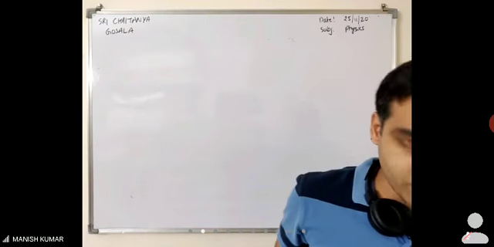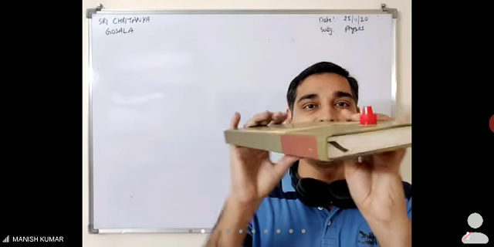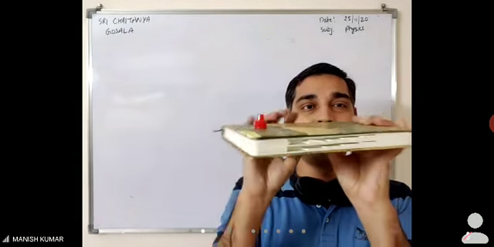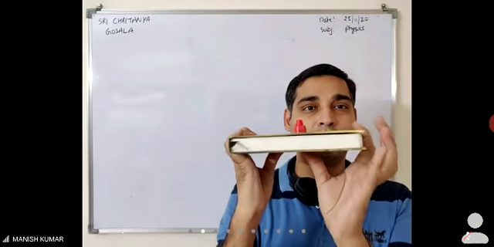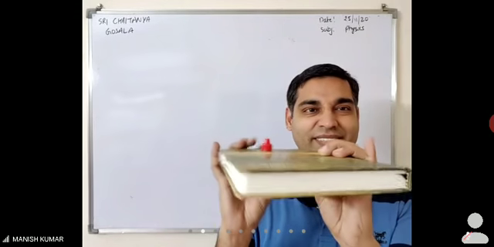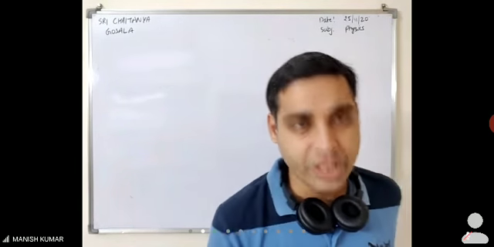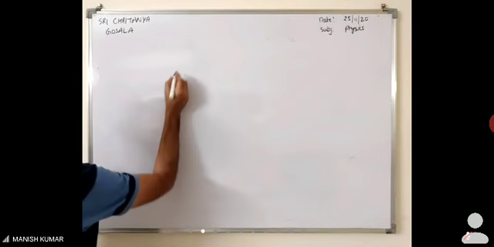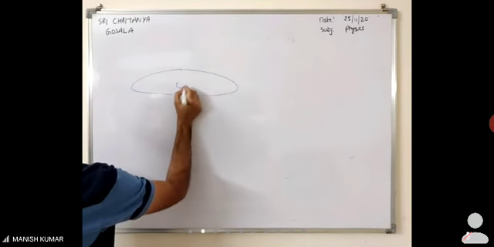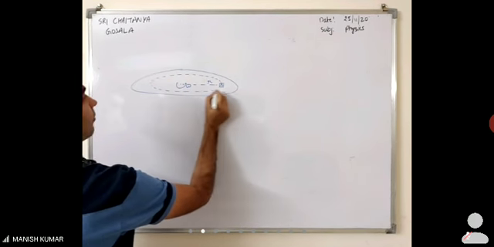Focus on the bottle only, which is rotating, and there is a body placed here at some distance, so that this body is also rotating in a radius of small r.